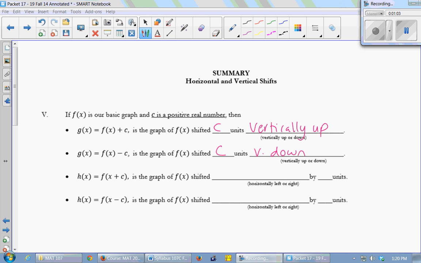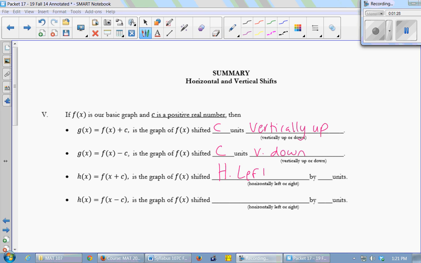In these next two, you're doing the plus or minus c pre-operation, before you apply f, like before you square or before you square root. So when you have that f of x plus c, the graph of f of x is shifted how? Horizontally to the left, yeah. Horizontally left.